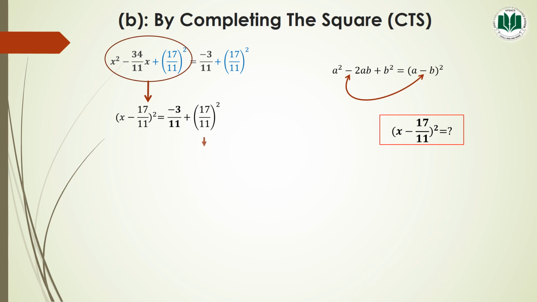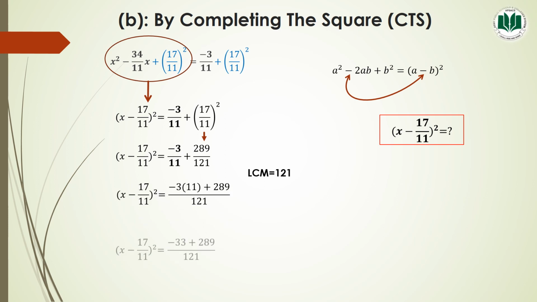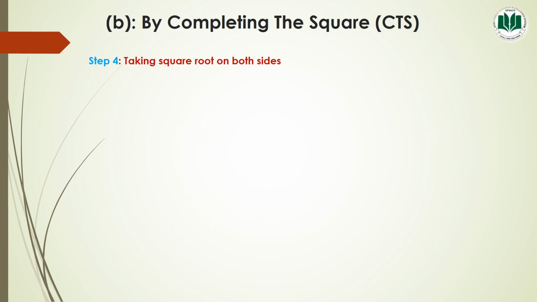Now simplifying the right hand side. By taking the LCM, we will get 256 by 121. And you know that we are actually solving the given quadratic equation. That means we are finding values of the variable. Now to find x from the left hand side, we should get rid of the square.